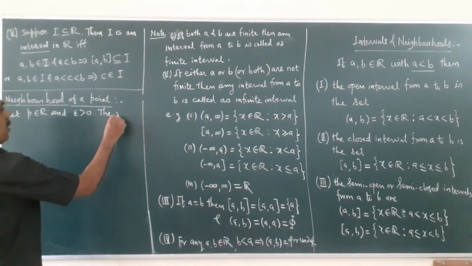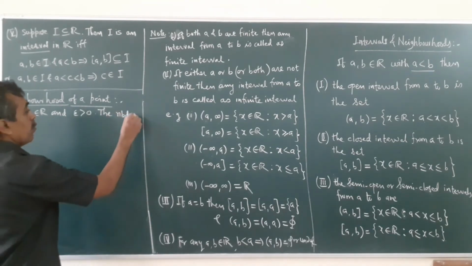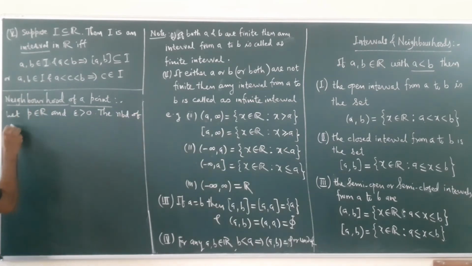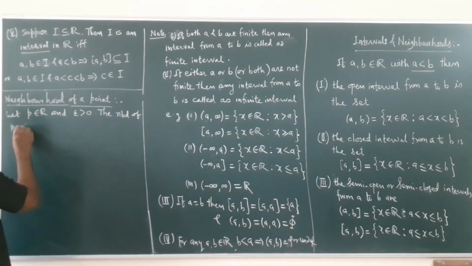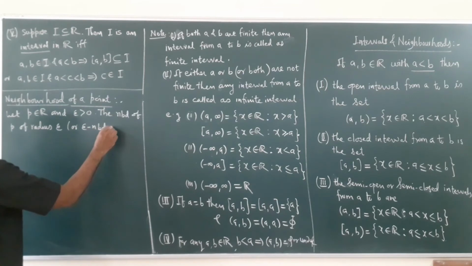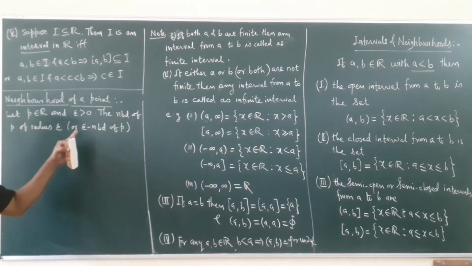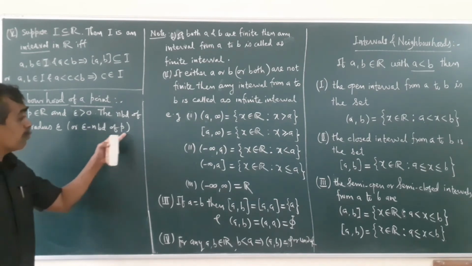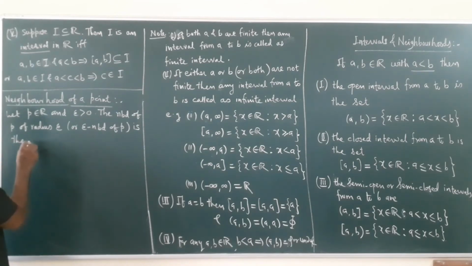The neighborhood of P, or neighborhood of P of radius epsilon, or you may write it as epsilon neighborhood of P, is the set.